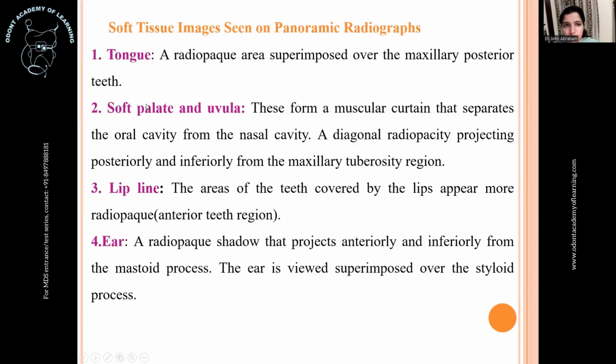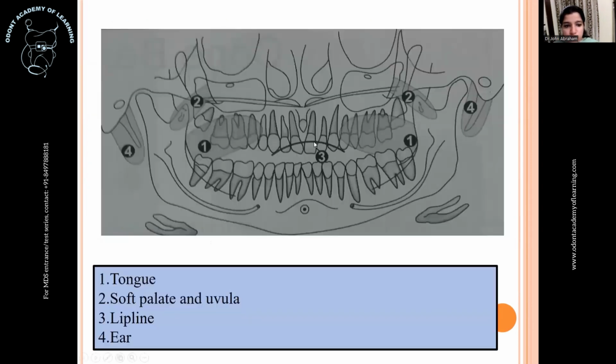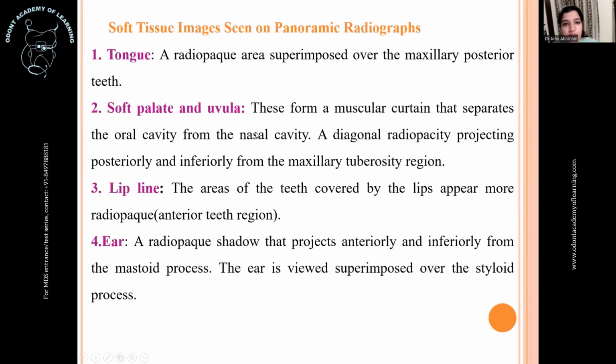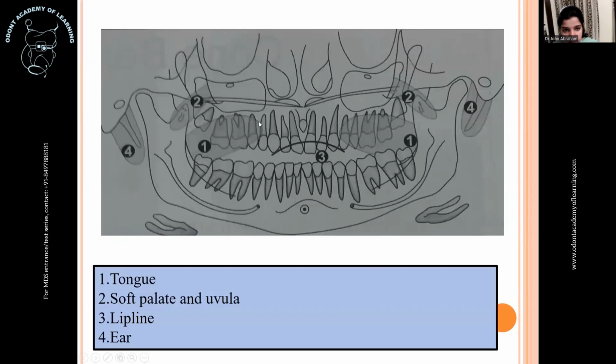So what are the soft tissue images that can be seen on panoramic images? First one will be that of the tongue. This will be seen over the mandibular posterior region as a radiopaque shadow superimposed over the maxillary posterior region. Second is your soft palate and uvula, which is seen posterior to your maxillary third molar, that is in your tuberosity region.